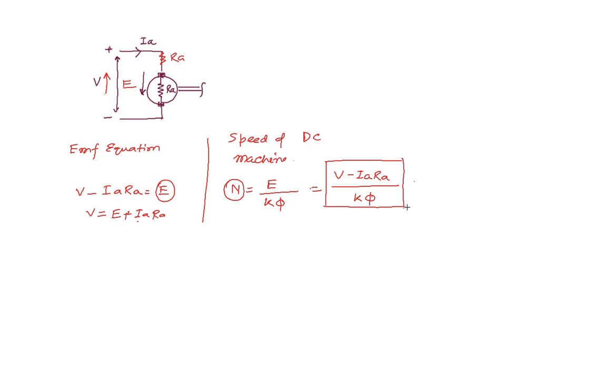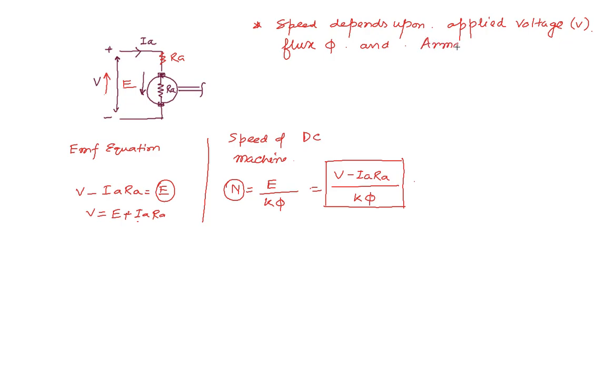So this is the equation for speed. It means that the speed depends upon the applied voltage V, the flux phi, and obviously the armature resistance RA.